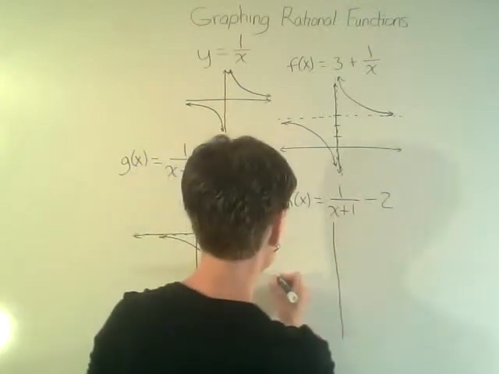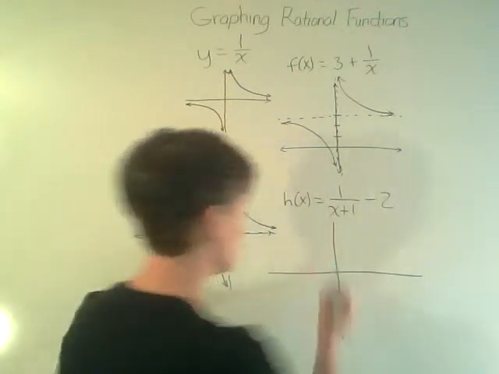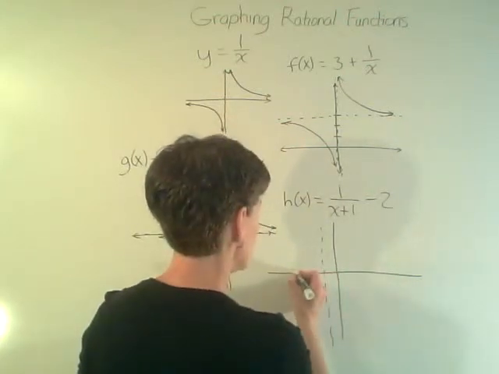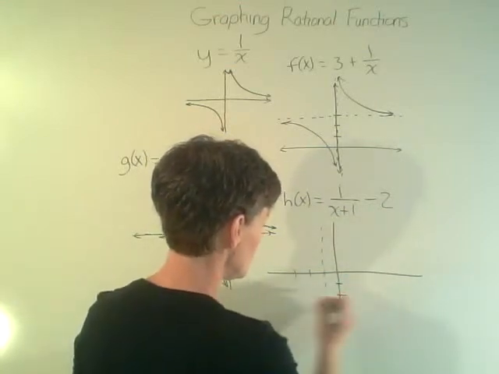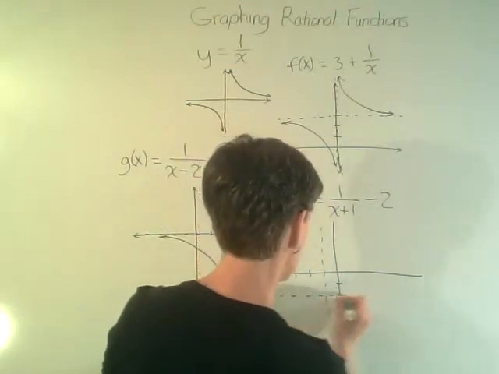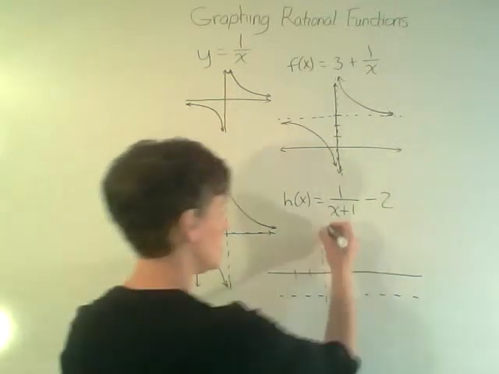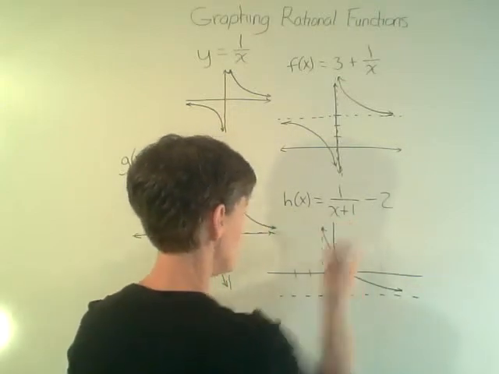So we're subtracting a negative 1, which means that my vertical asymptote is going to move over to negative 1. And we are minusing 2, and so that means my horizontal asymptote is moving down 2. And my new asymptotes are here. Therefore, my graph is going to look like this.